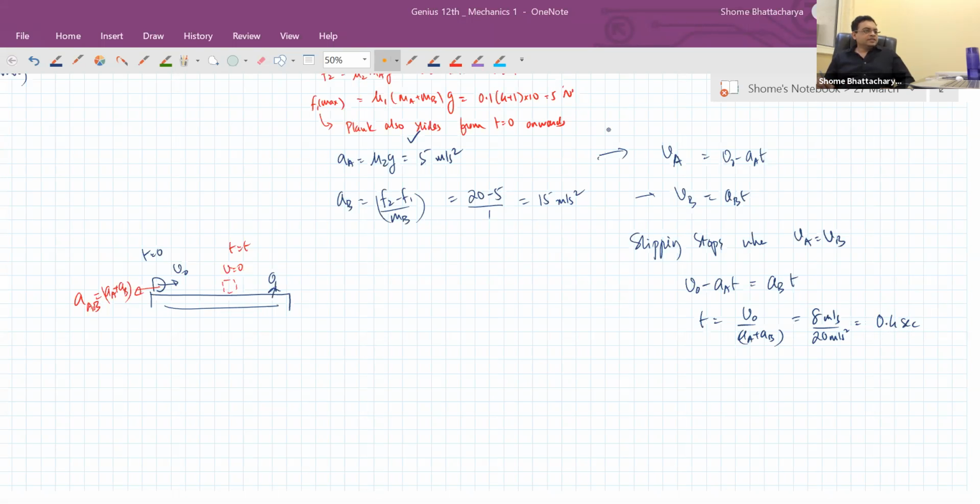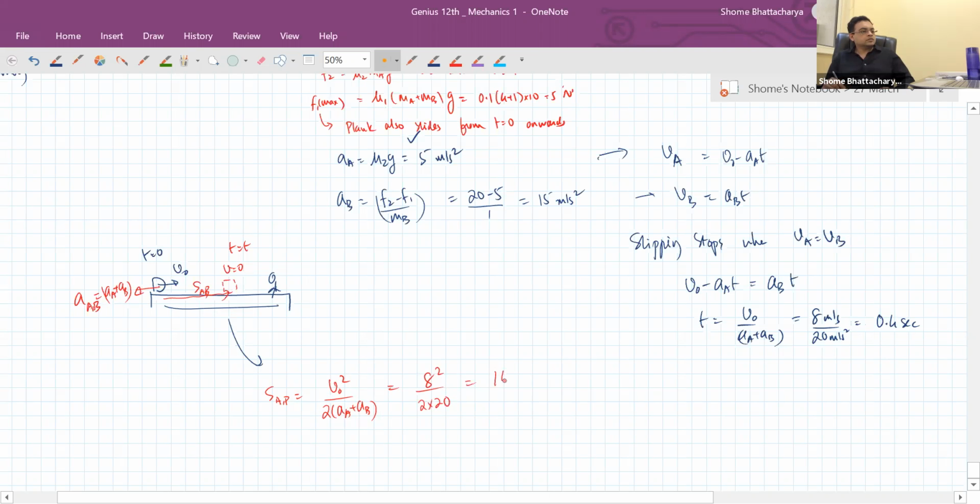So now we have to check the relative displacement in 0.4 seconds. If this relative displacement is more than the length of the plank, then it will slip off. So the displacement of A with respect to the plank will be v naught square upon 2 times the relative acceleration. 0.4 meters. Is that correct?